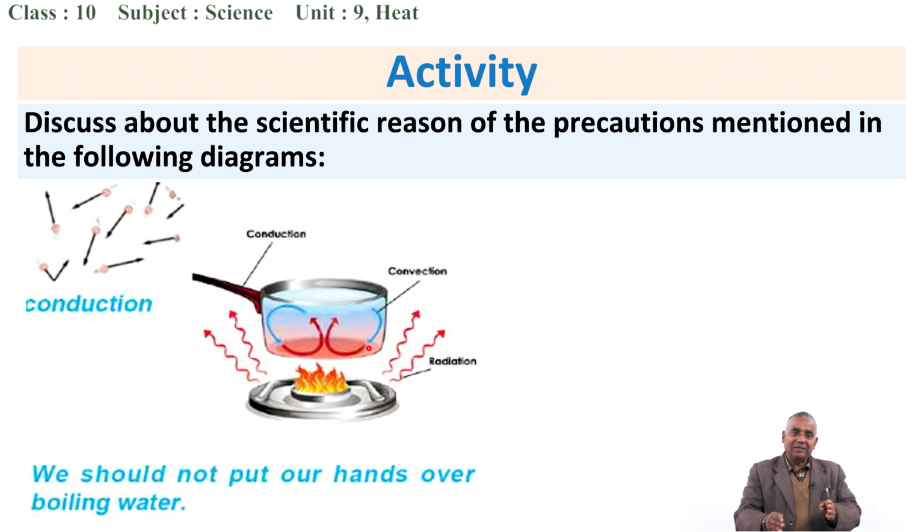Yes, because that vapor can affect the inside of our skin, and this burning is very painful. So we should avoid direct contact of steam with our body parts, because it burns more deeply.